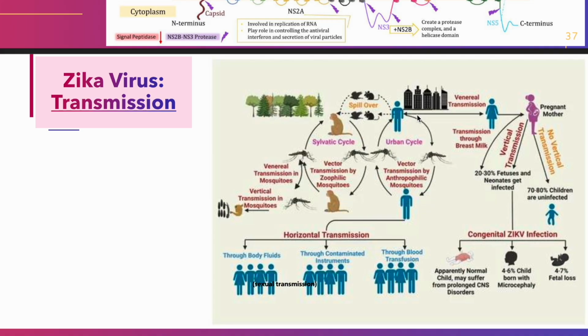And in the urban cycle, it means the mosquito bites person to person, like this cycle. Also, in vertical transmission, the Zika virus can transmit from a pregnant mother to the child. But for 70 to 80%, the children are uninfected, which leaves about 20 to 30% that get infected.